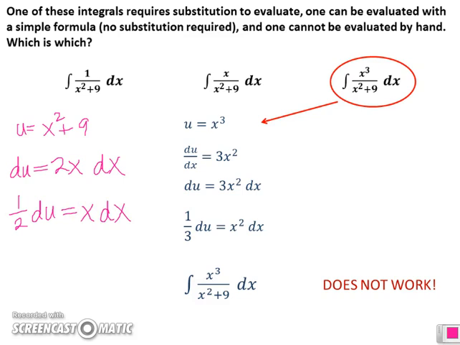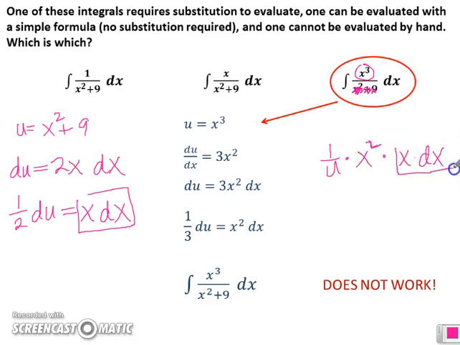Okay, so we would have this taken care of. That's our u, but notice that we have an x dx and there's x cubed up here. So if I tried to use substitution, I would end up with the 1 over the u, and I would have an x squared, and then I could have my x dx, because you have to make sure that this x cubed gets completely replaced.